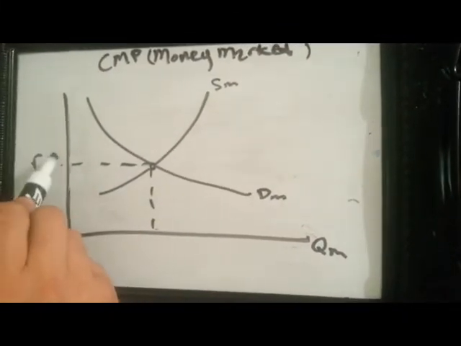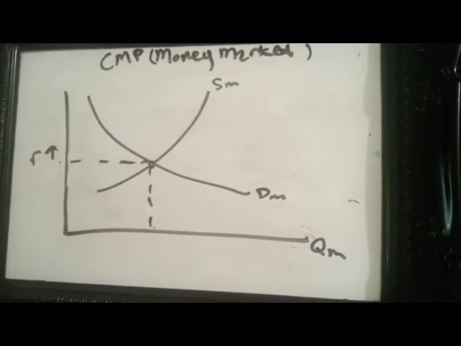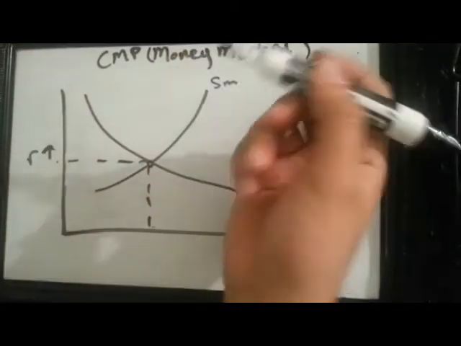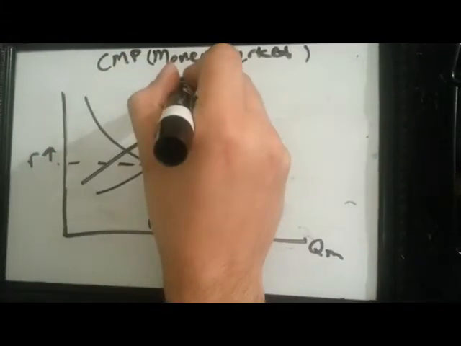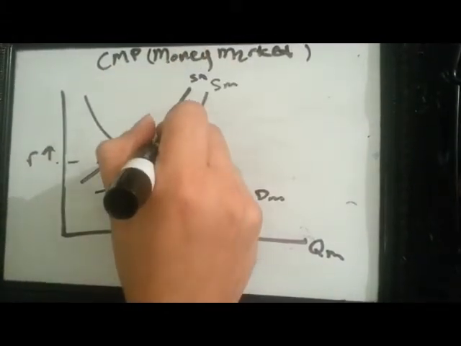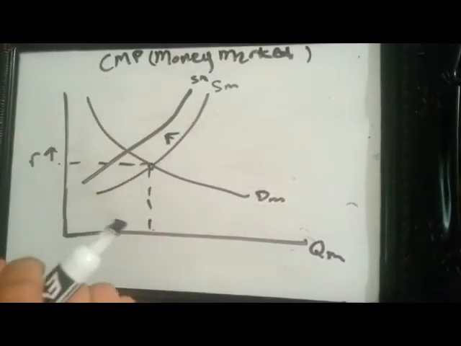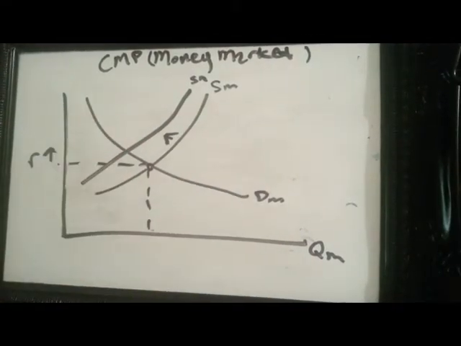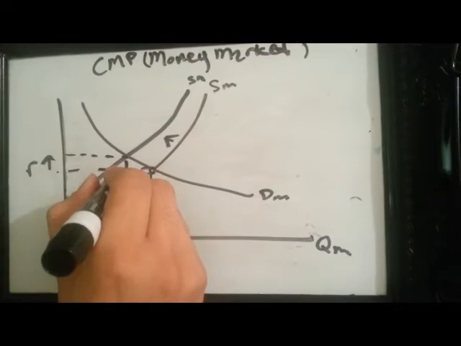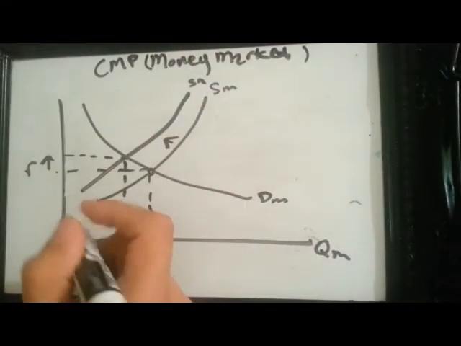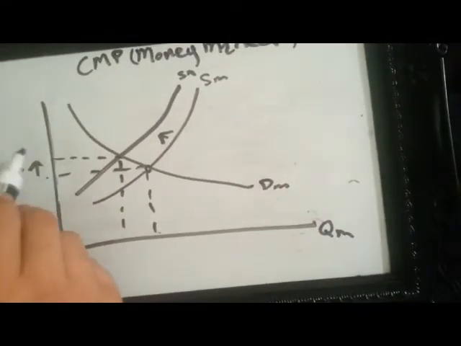But if our goal is to increase the interest rate, well, as we know, the Fed will lower the amount of the money supply. So let's say our curve will shift up and in. The effect of this on the money market is the goal of contractionary monetary policy: you have your interest rate increasing.